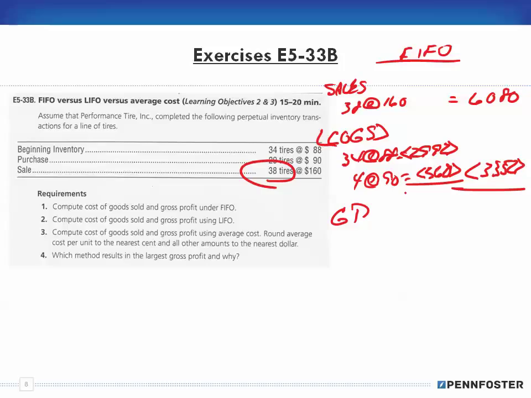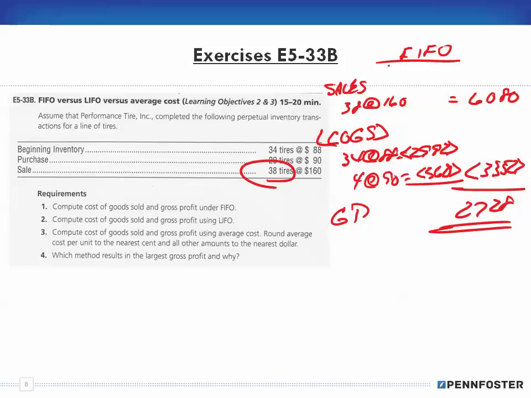And 6,080 minus 3,352 is 2,728. I did the math on the calculator wrong earlier. 2,728 is my gross profit.